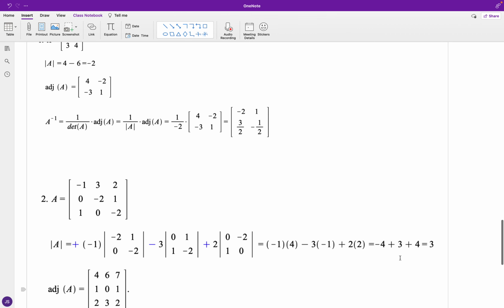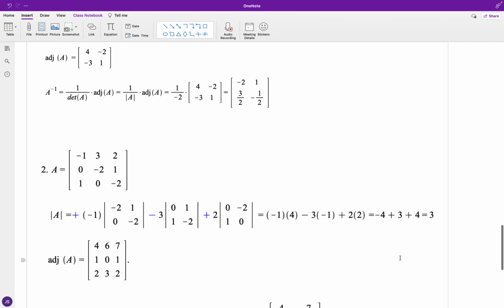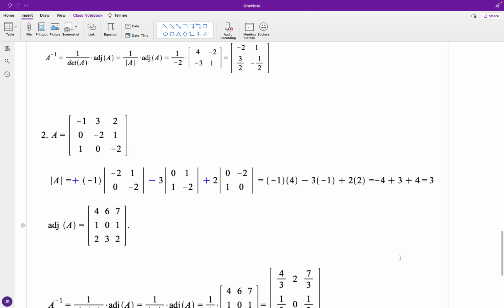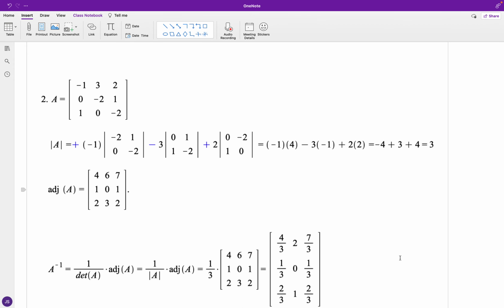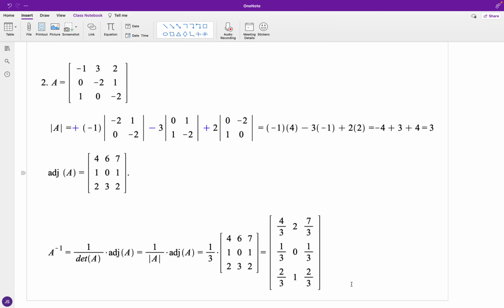And again, going back to the adjoint of this matrix, we have 4, 6, 7, 1, 0, 1, as well as 2, 3, and 2. And looking at the formula for determining the inverse of a matrix using the adjoint of matrix A, we have 1 over the determinant of A. This is going to be 1/3, and taking 1/3 of the elements in the adjoint of A, we have this 3 by 3 matrix with a mix of non-integers.